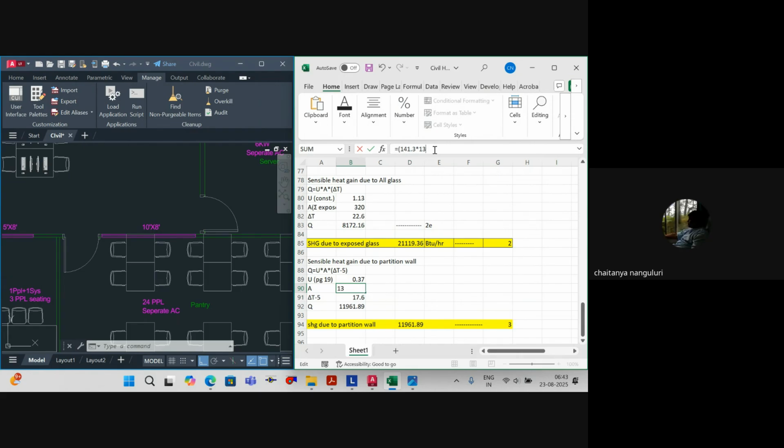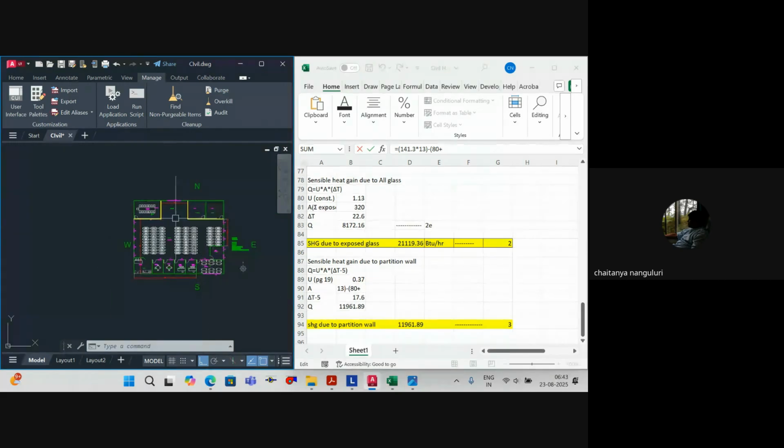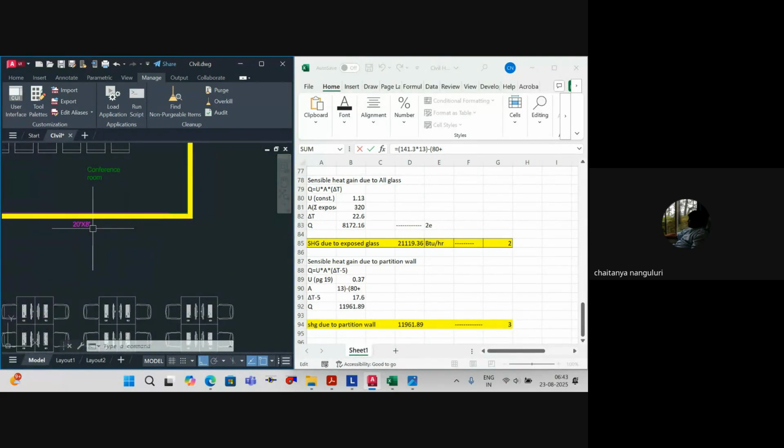Which I forgot. Minus of, we will take three glasses, 10 into 8, that means 80 square feet. Plus, don't you think here we have any glass? This is 20 into 8, how much is 20 into 8? 160. So automatically we get the area as 1539.